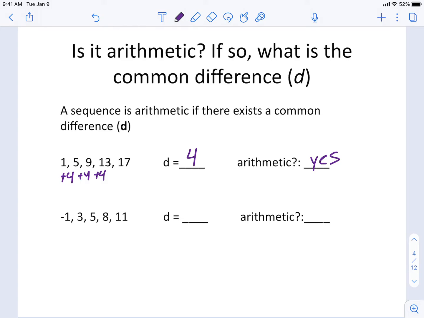If I look at the next one, negative 1 to 3, that's a plus 4, but then now to get from 3 to 5, that's a plus 2. To get from 5 to 8 is a plus 3. So the pattern breaks down. It's not the same number each time. So this is not an arithmetic sequence. So, not applicable, there's no common difference.